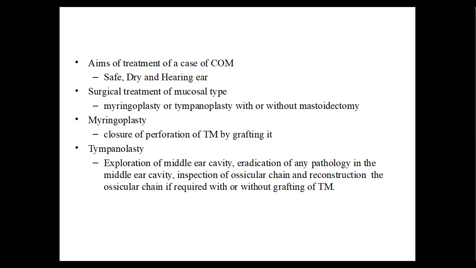And tympanoplasty differs from myringoplasty in a certain way. In that you will be exploring the middle ear cavity, and your intention is to eradicate the disease from the middle ear, and you will inspect the ossicular chain, whether it is intact, whether it is mobile or not. Then you will reconstruct the hearing mechanism with or without, remember, with or without grafting of the tympanic membrane. That is the standard definition of tympanoplasty you should be knowing.